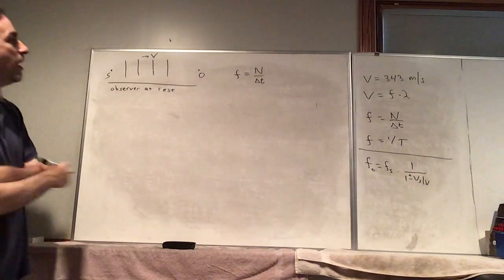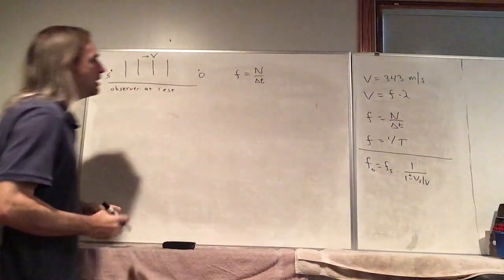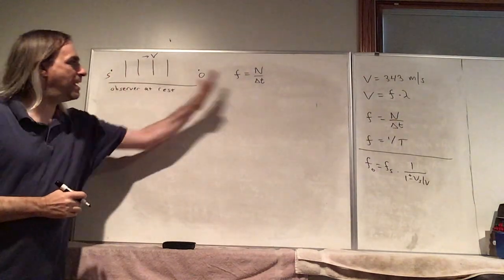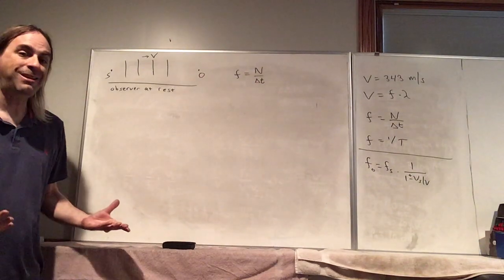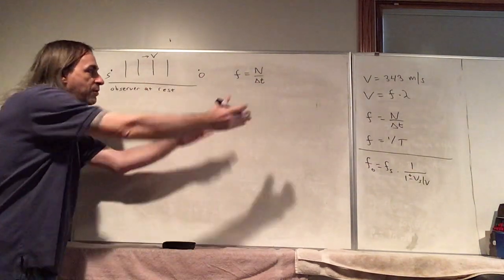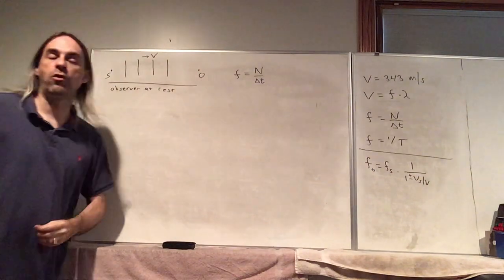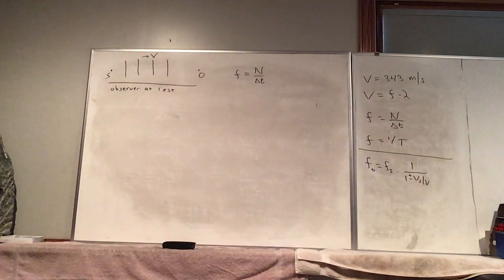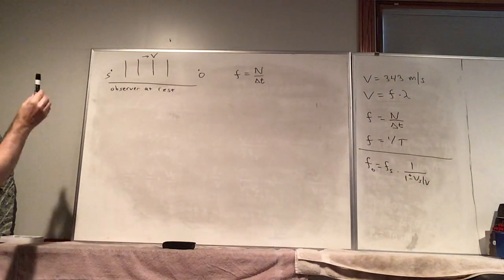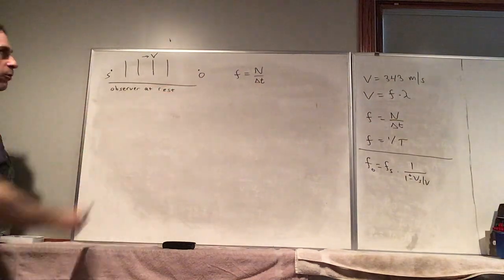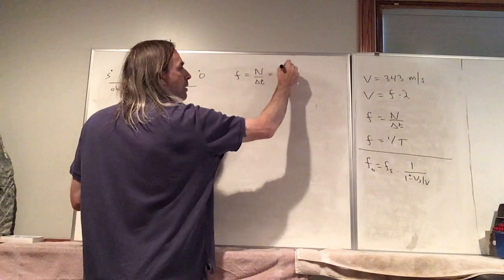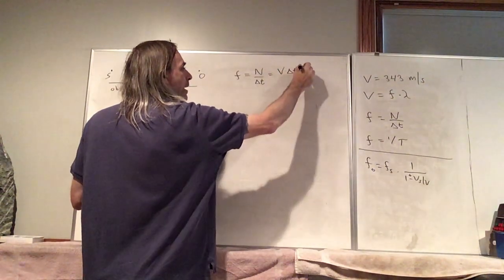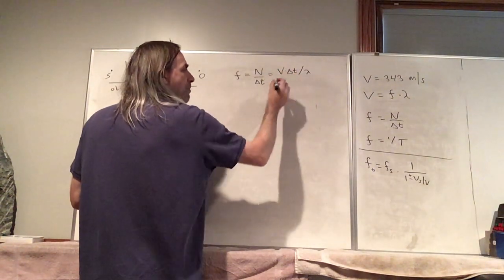And let's say in some time interval, this whole pattern shifts 10 meters to the right. How many wavefronts would cross us? It would just be 10. They're each 1 meter, the whole thing moves 10 meters, so we're going to count 10 wavefronts crossing us. Now, in general, the number of wavefronts that we're going to see would be the distance that this pattern traveled, which would be the speed of sound times whatever time interval we picked, divided by the wavelength.